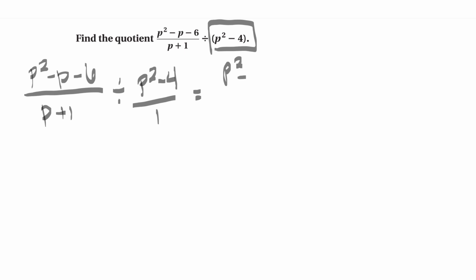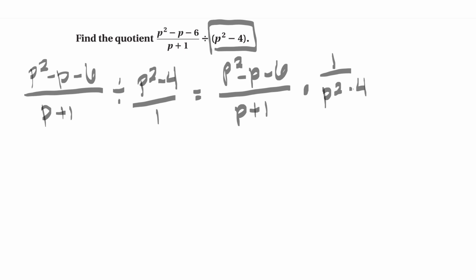So p squared minus p minus 6 over p plus 1 times 1 over p squared minus 4. Okay, so I need to factor my trinomial up here, and I need to factor my binomial down here.